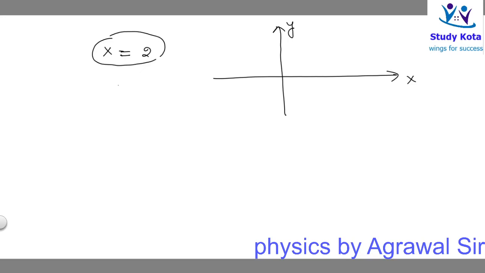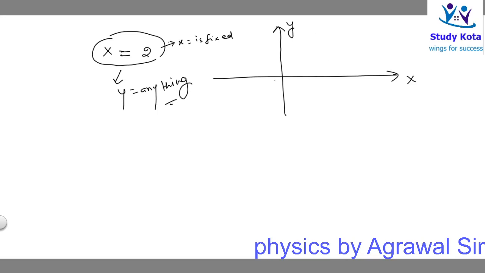If we talk about x equal to 2, how can you draw this? So this is x and this is y. x is 2 means, what is the meaning of this equation? y should be anything, but x should be constant. x is fixed, but y is anything because they don't tell anything about the value of y, right?